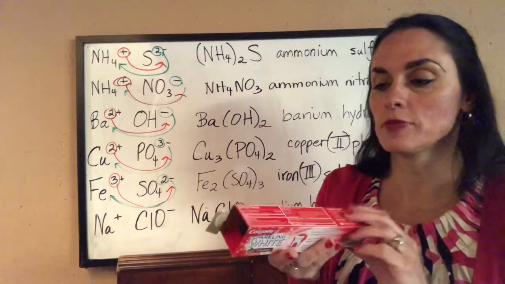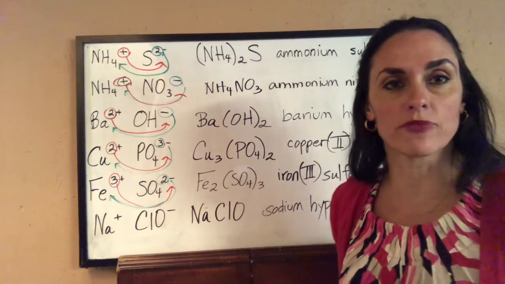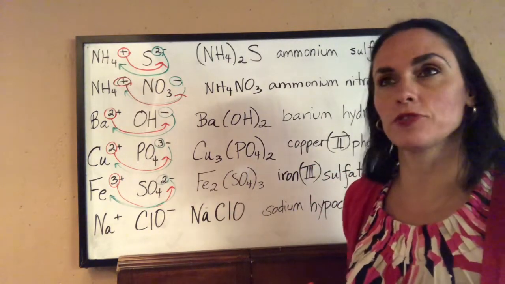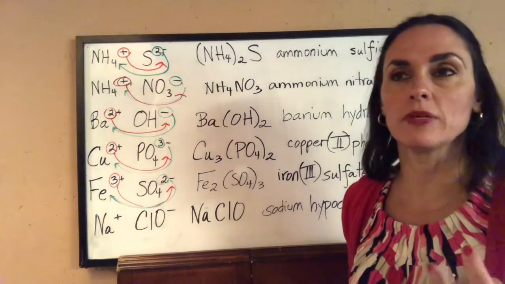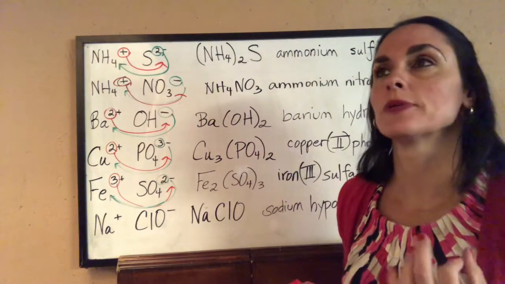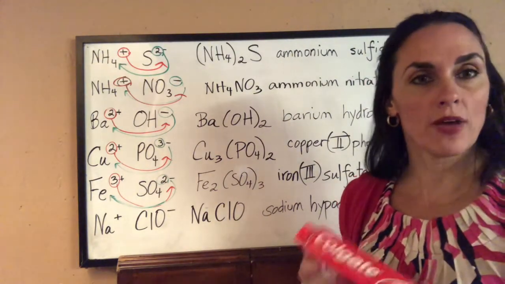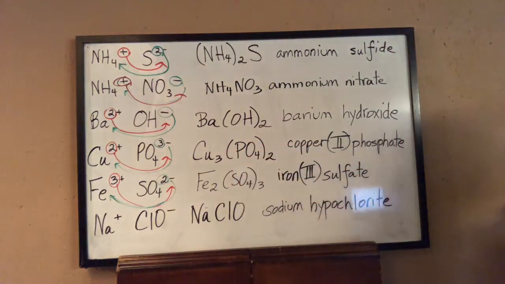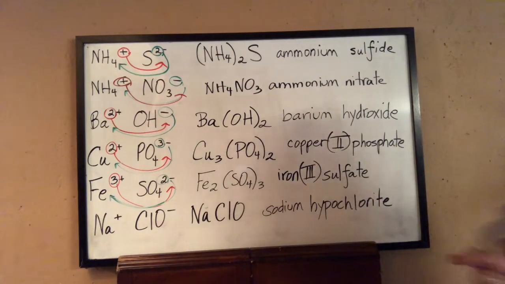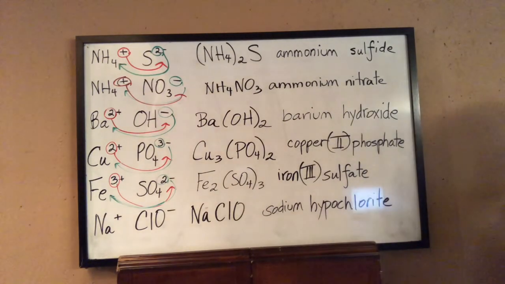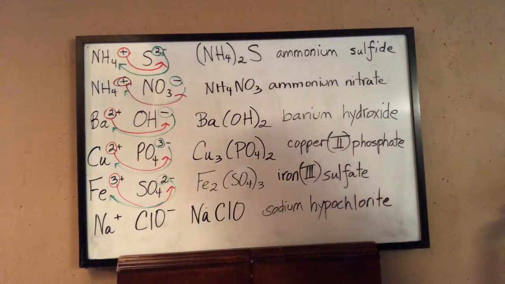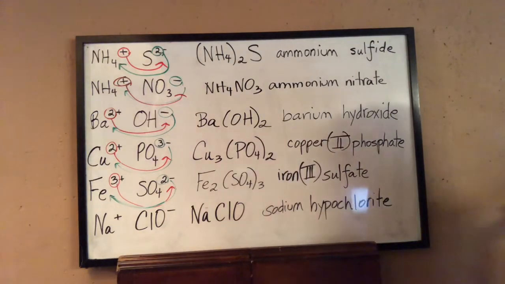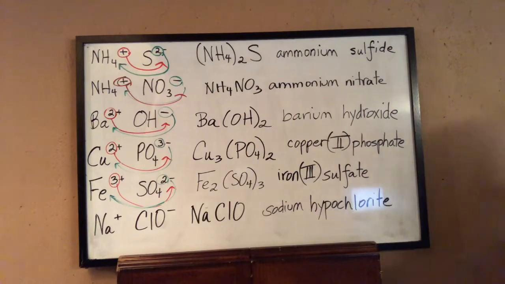Toothpaste, okay, has an active ingredient of sodium fluoride. Now, if you use sensitive toothpaste, the active ingredient may be a tin fluoride or a potassium nitrate, but you have ionic compounds in toothpaste. So go look at your toothpaste and check out what the active ingredient is, okay? I'm sure that every person watching this video has toothpaste in your house. If not, go out and get a tube, okay? Keep your teeth nice and clean.